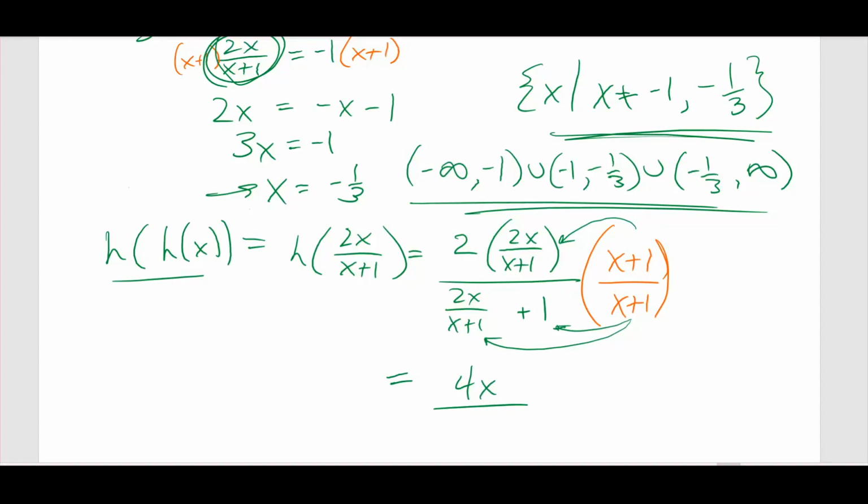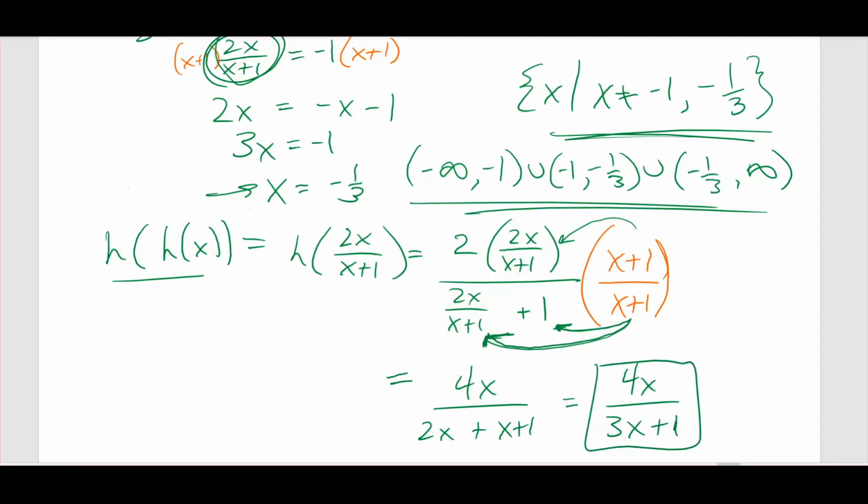And then in the denominator, this first one is going to cancel the denominator, so we just have 2x. And then the second one, we're going to have x plus 1. Okay, so we got 4x over 3x plus 1. So here is our simplified composition, and we can write that that's h composed with h at x.